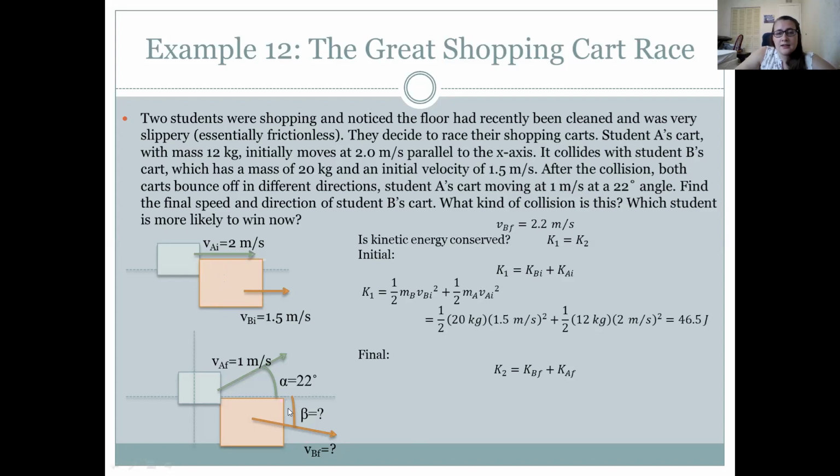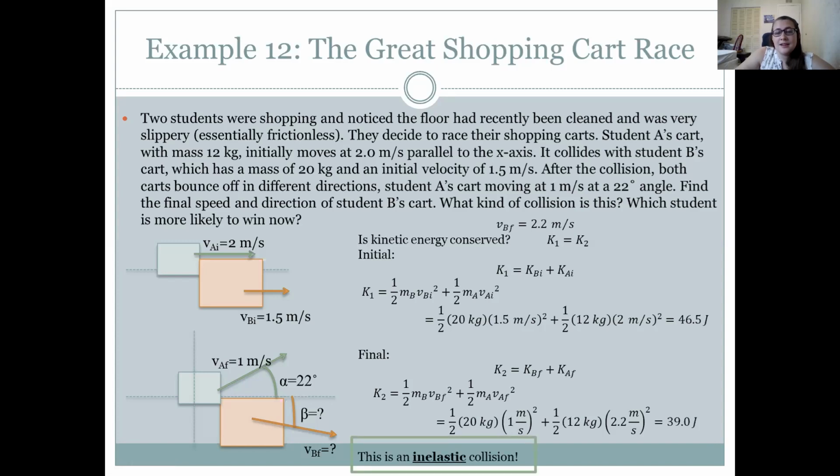Again, kinetic energy is 1/2 mv squared. So masses didn't change, but our velocities did. So we'll plug in our final velocities, and we end up with a kinetic energy of 39.0 joules. So since those two values are not equal to each other, this is an inelastic collision.